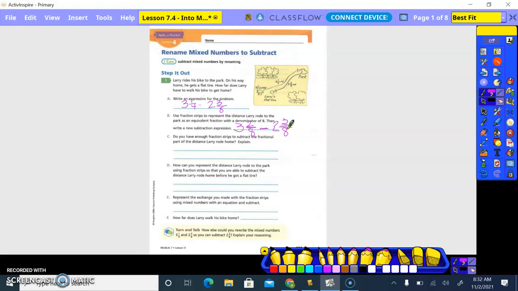No, we cannot, because we can't take 3/8 from 2/8. Okay, so how can we do that then? Can we go and regroup? All right, so we can regroup.